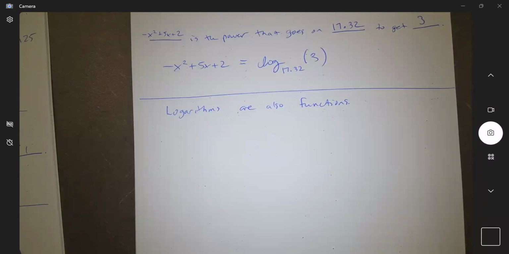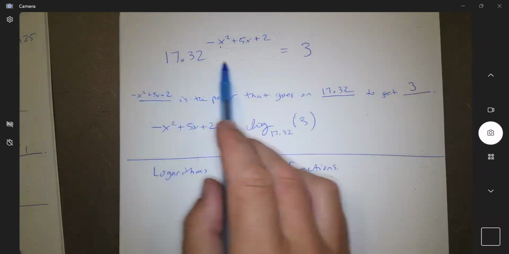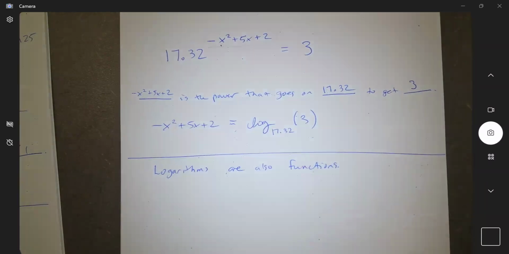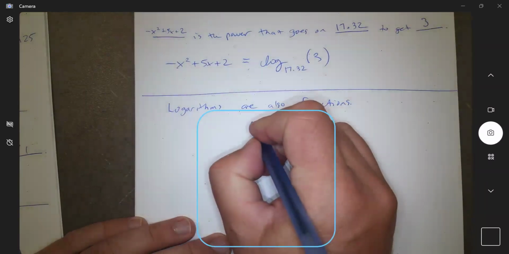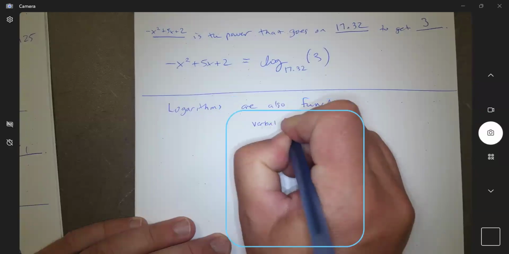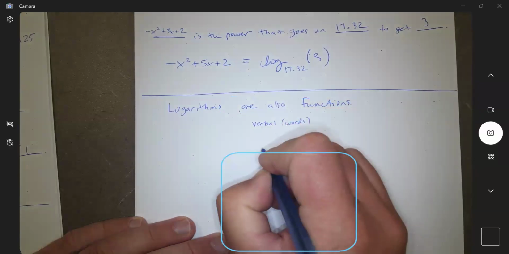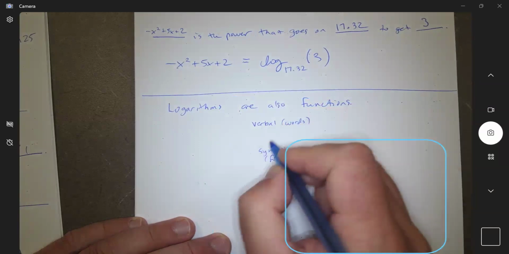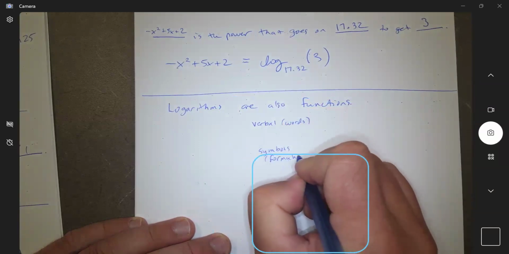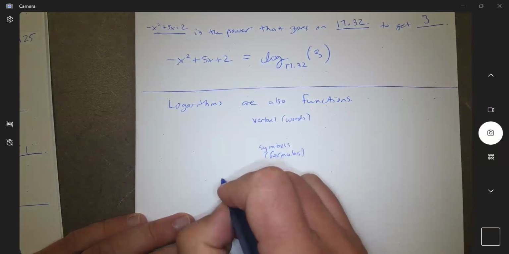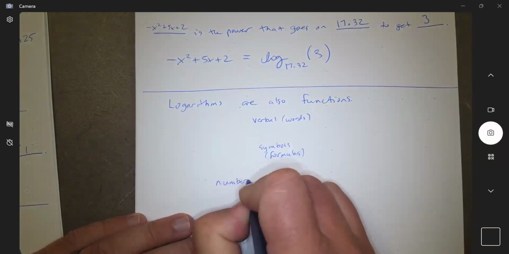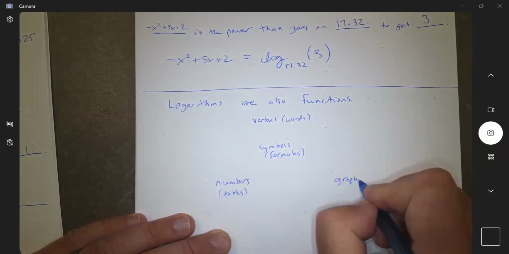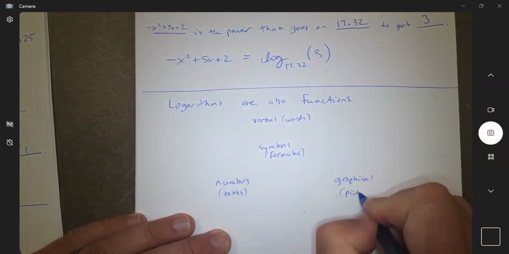Symbols like formulas, like this would be a symbolic representation. So we've got verbal or words, symbols or formulas, and then numbers or tables, and graphical or pictures.